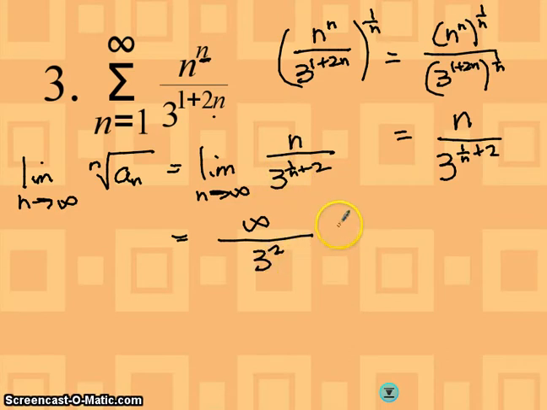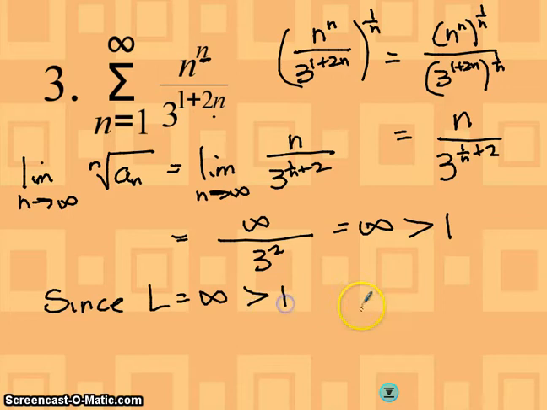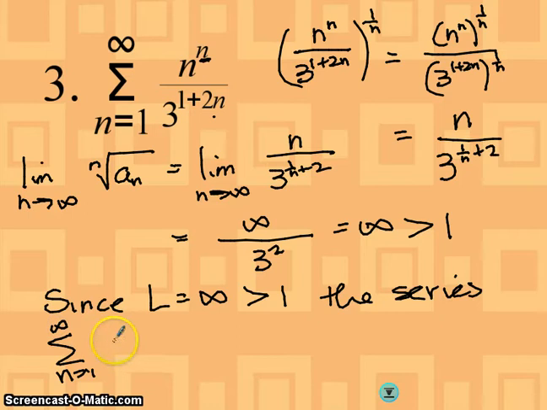It doesn't matter what's in that denominator, we're going to get infinity. Infinity is greater than 1, so since L is equal to infinity, which is greater than 1, the series we're given up there, the summation n equals 1 to infinity of n to the n over 3 to the 1 plus 2n power, diverges.